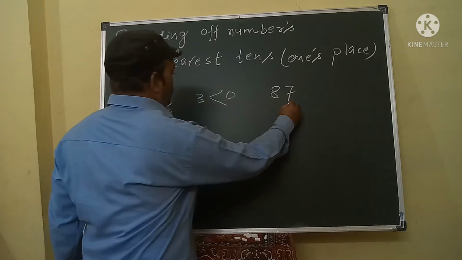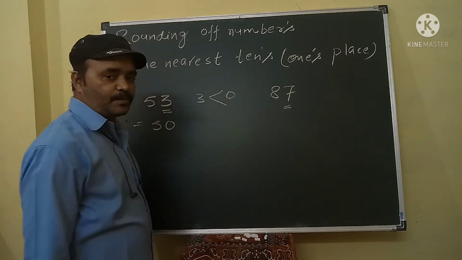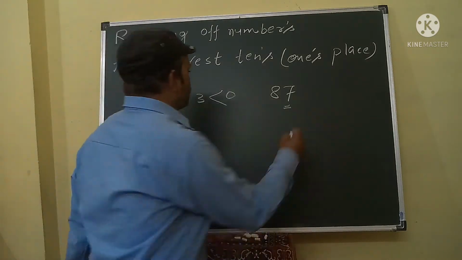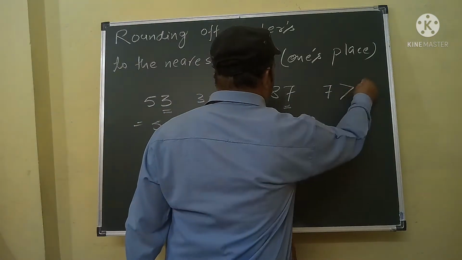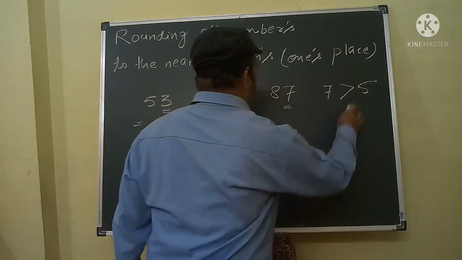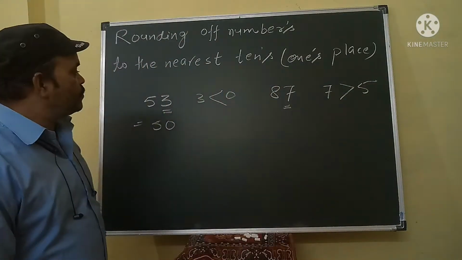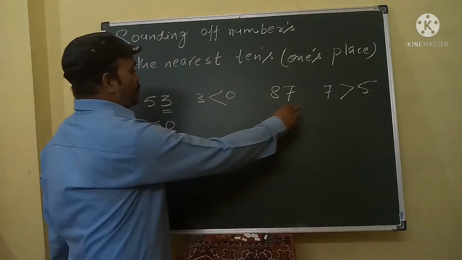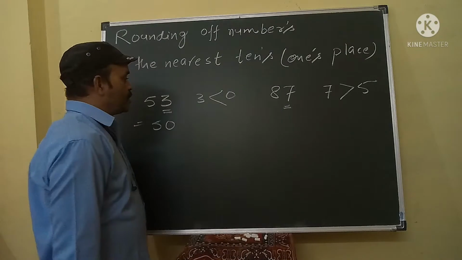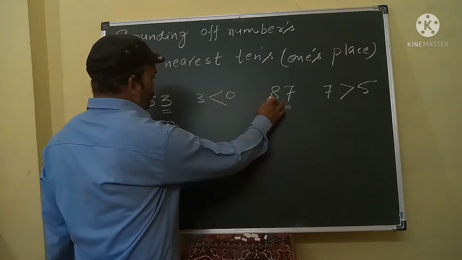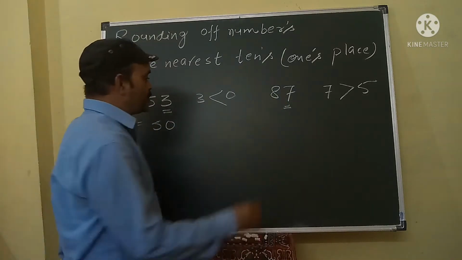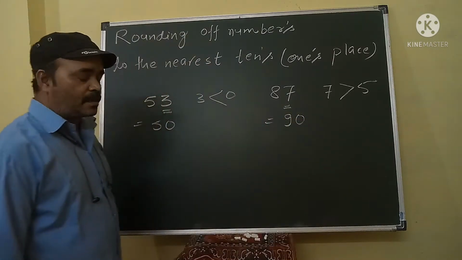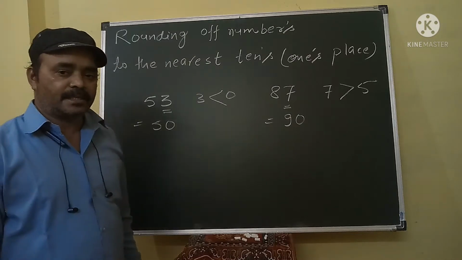In 87, the ones place digit is 7, and 7 is more than 5. Therefore, rounding of 87 is 90.